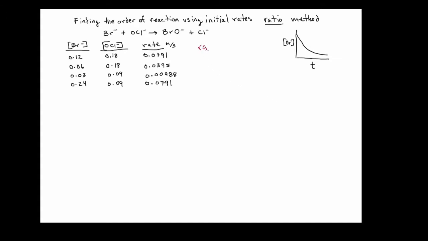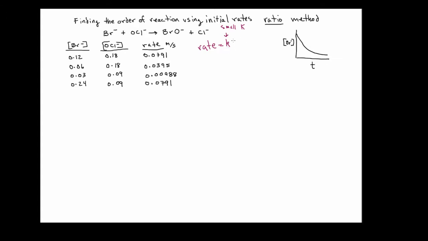So it will be rate is going to be equal to, and we'll have a rate constant. This is a small k. I know it looks like an R, so I'll label this. It's a small k, just to be clear about it, versus a large K, which would be an equilibrium constant.